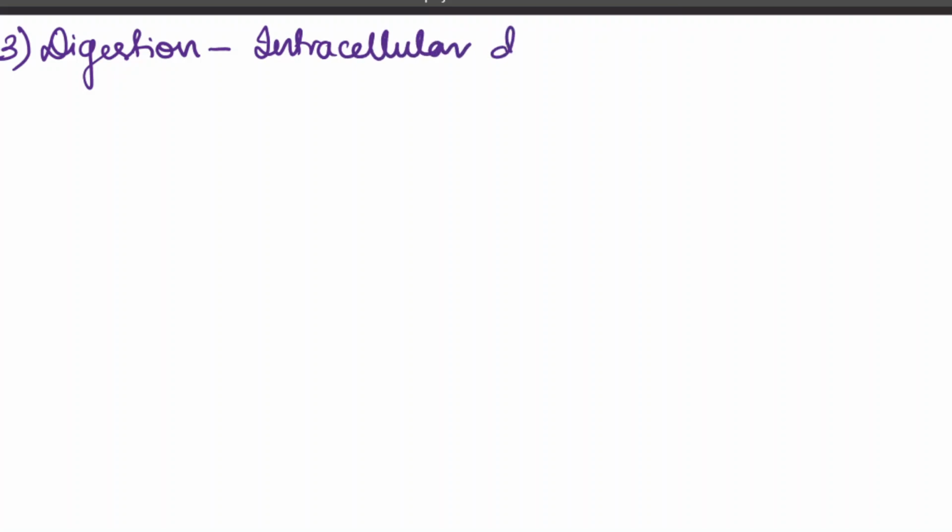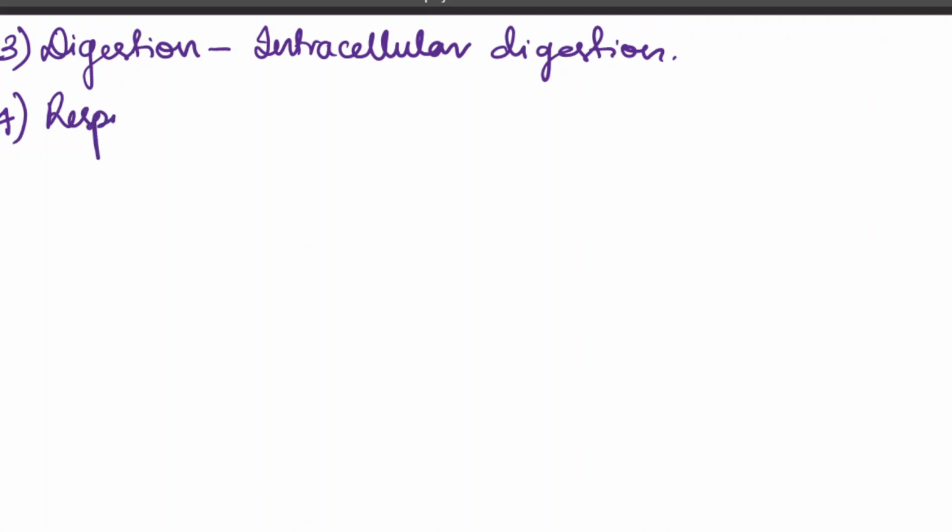The third one is digestion. Now, how is the digestion taking place here in poriferans? Through intracellular digestion. If you have learned the basis of classification properly, you know what intracellular digestion is.